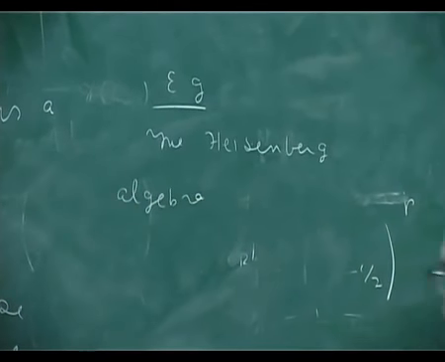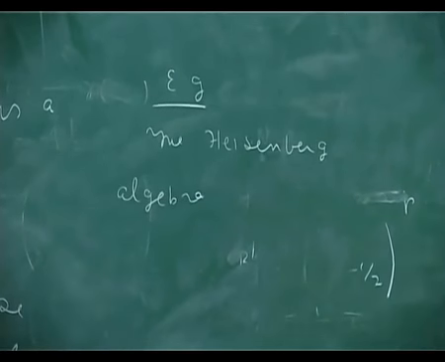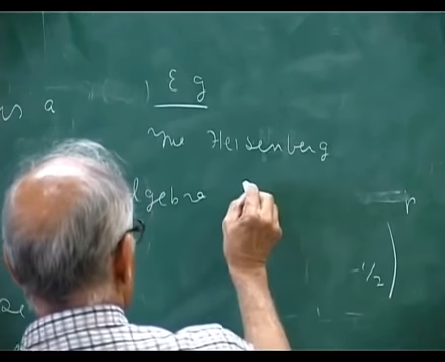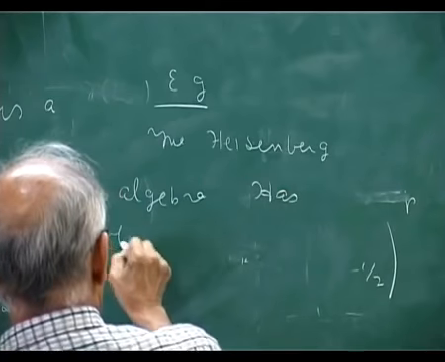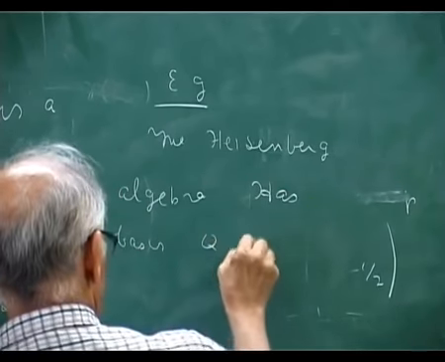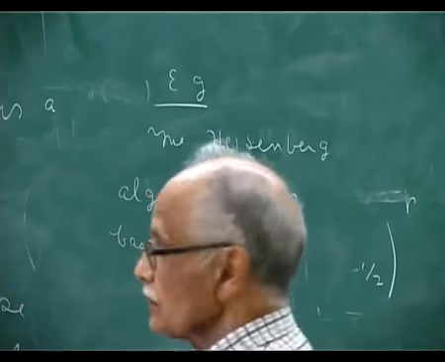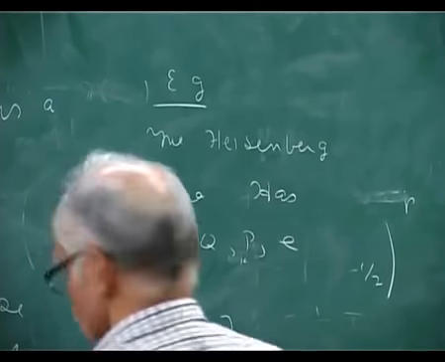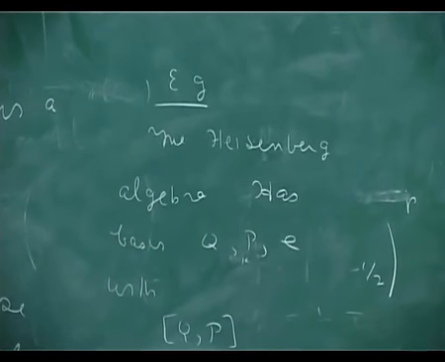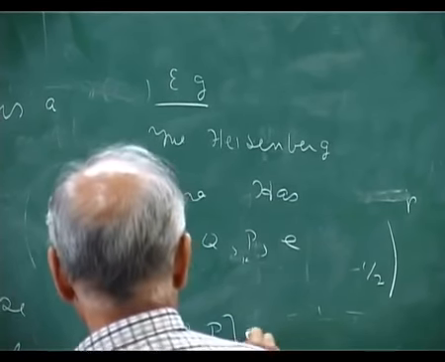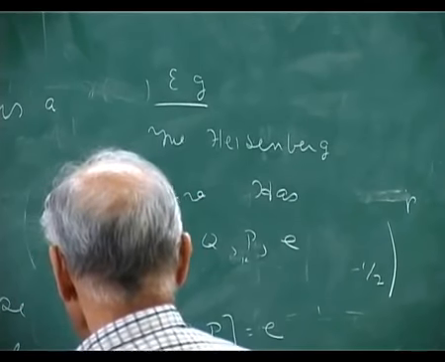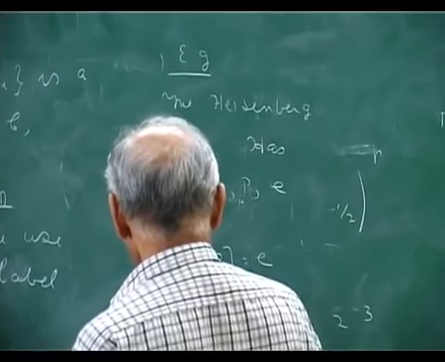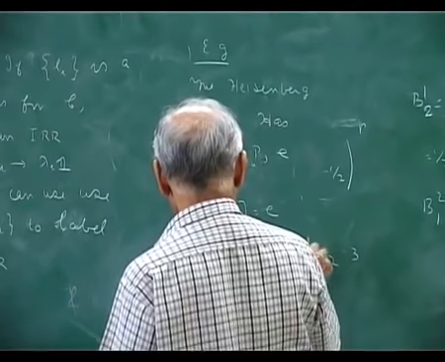Okay. It has a basis of 3 elements, with [Q, P] = E, and all other brackets are 0.